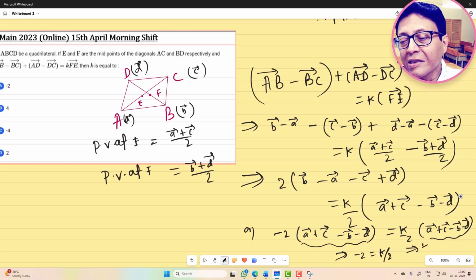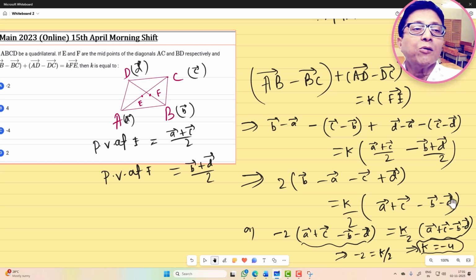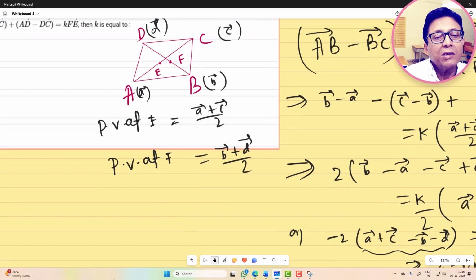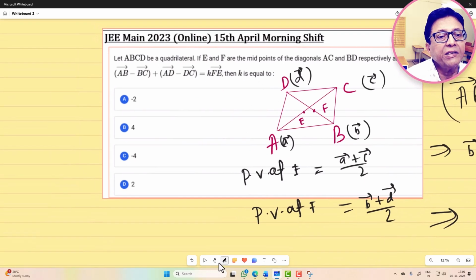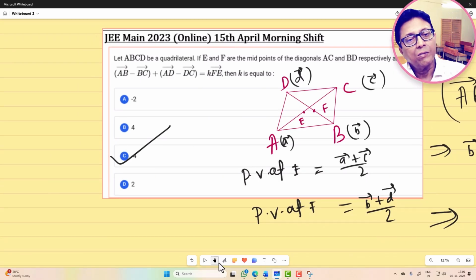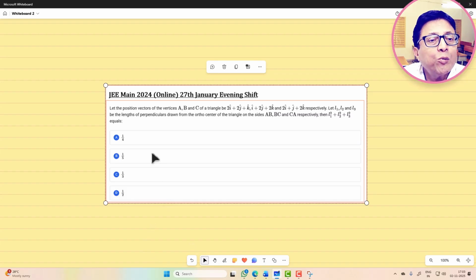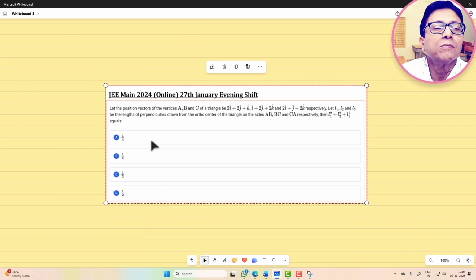This implies k equal to minus 4. Okay? The value of k is equal to minus 4. So which option? This is going to be part C. Clear? Understood? This question I found in the 2024 paper.